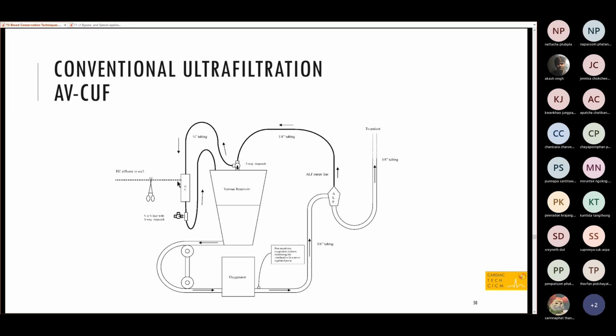So here the waste product is going to be let out from here. Okay. So during this procedure, during the AV cuff, the main pump or arterial pump is going to move as normal. So everything just recirculates and passes through the filter like this.